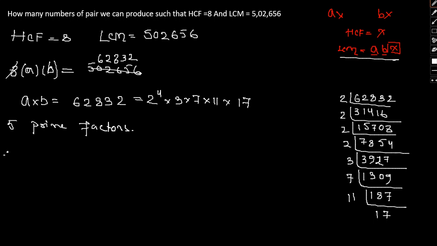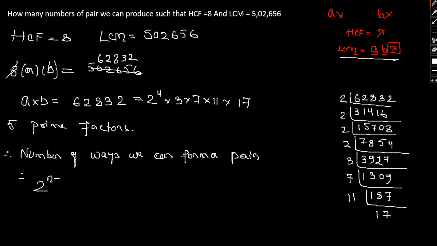Therefore the number of ways we can form a pair will be 2 to the power n minus 1, where n is the number of prime factors.